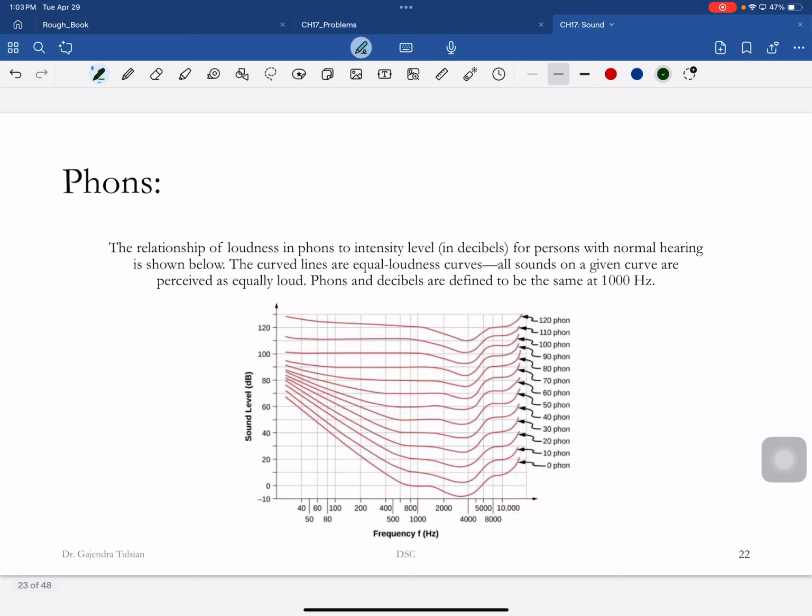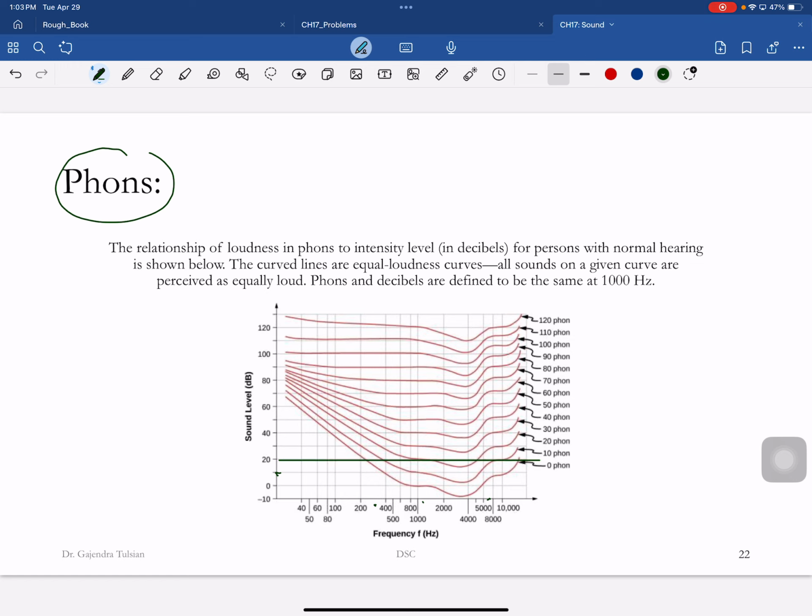So let me show you a graph. So when you go to a doctor's office, when you were kids, they would test your hearing. And so what they're doing is they're testing at different frequencies. Say an electronic instrument that responds at the same frequency says all this is 20 decibels.